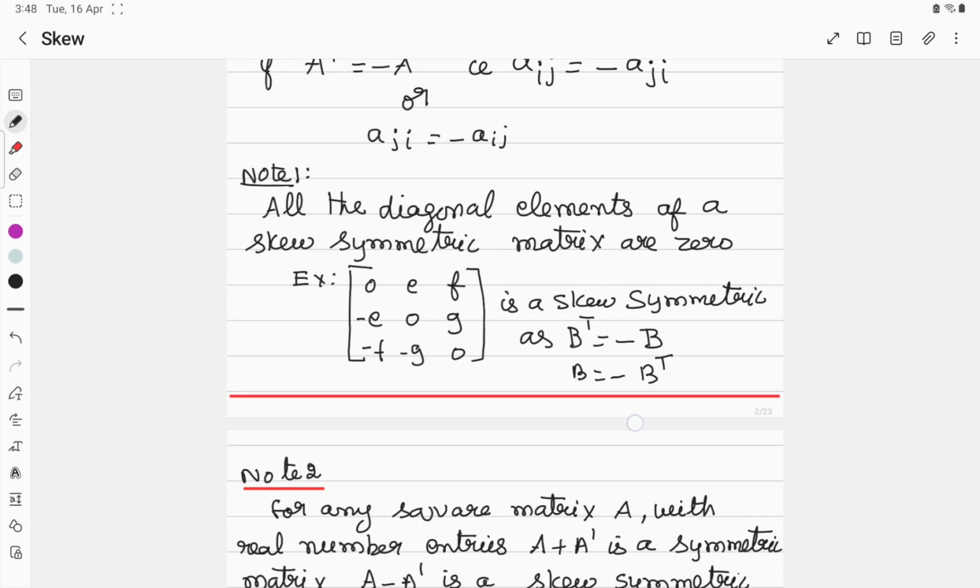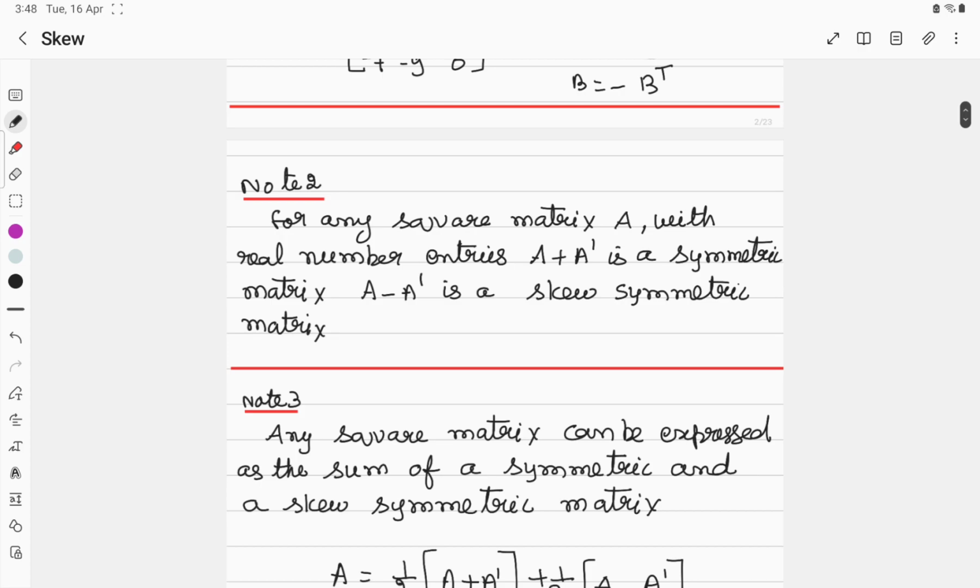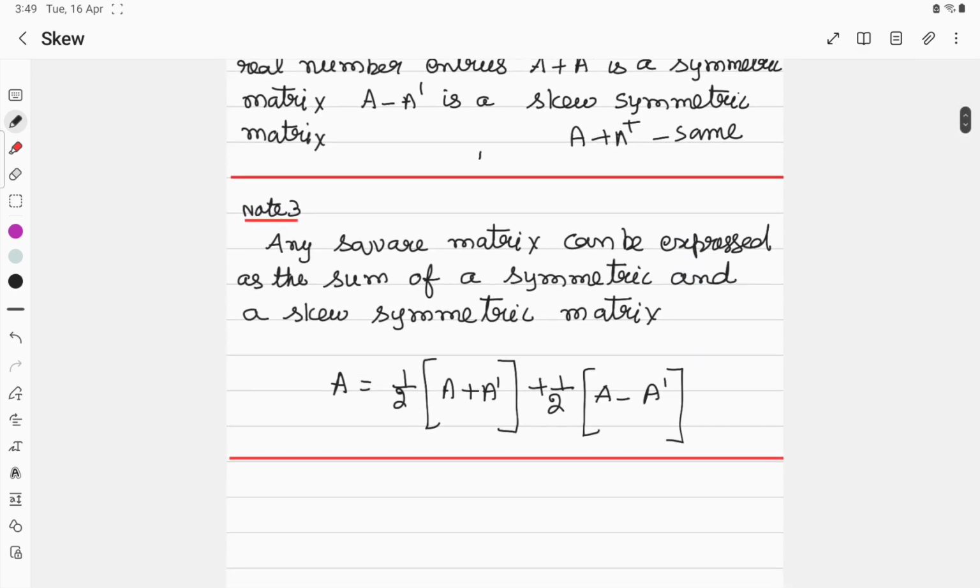Note 2. For any square matrix A with real number entries, A plus A dash is a symmetric matrix and A minus A dash is a skew symmetric matrix. A plus A dash அப்படின்னாலும் A plus A transpose-னாலும் ரெண்டும் சேம் தான். Note 3.